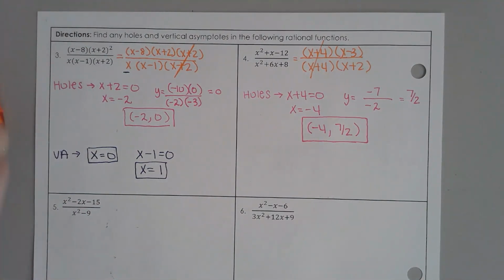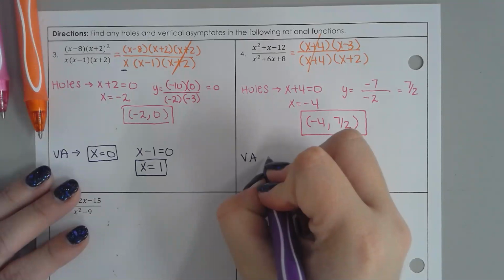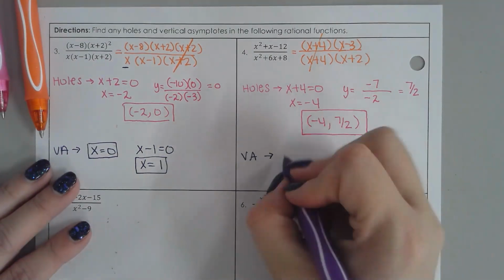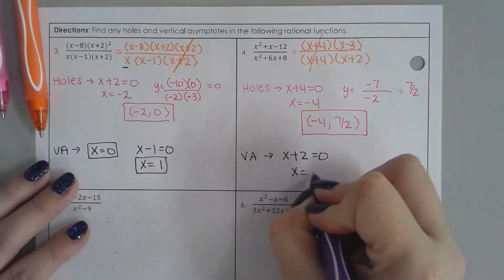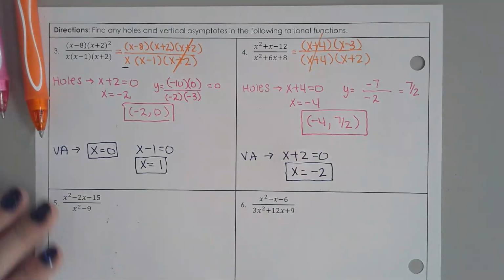Okay. Vertical asymptote. The only thing left over in the denominator was x plus 2. Set that equal to 0. And we get x equals negative 2.